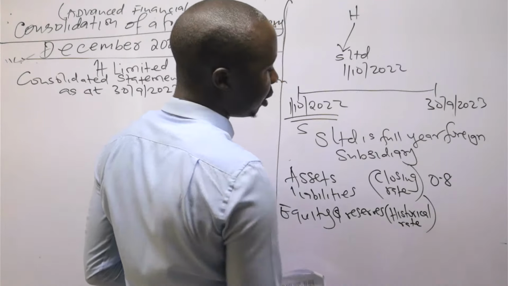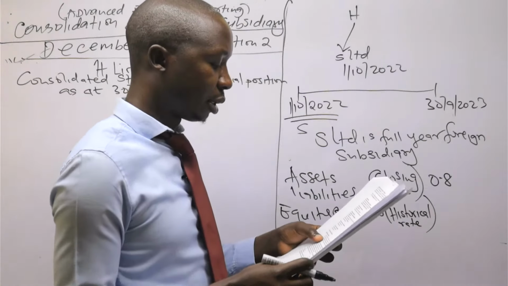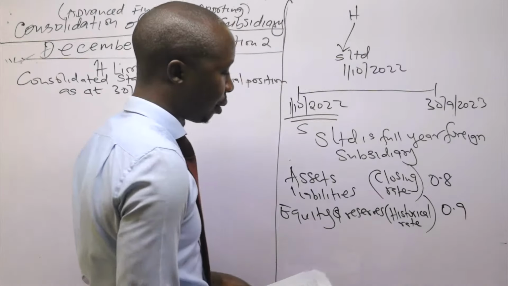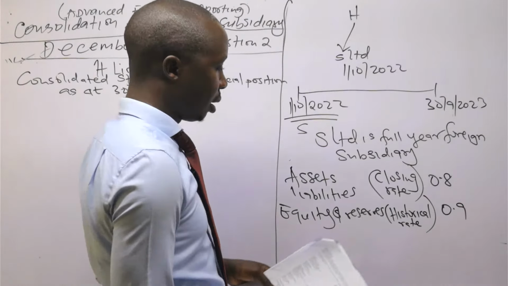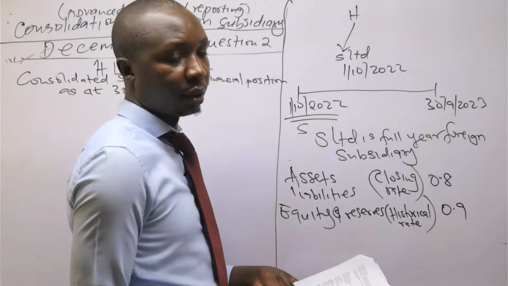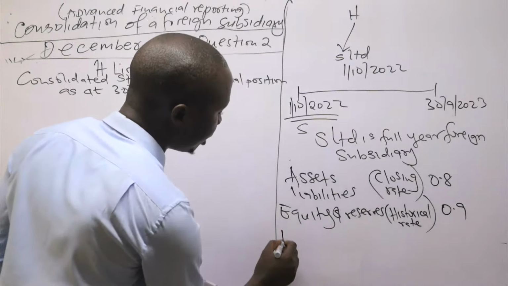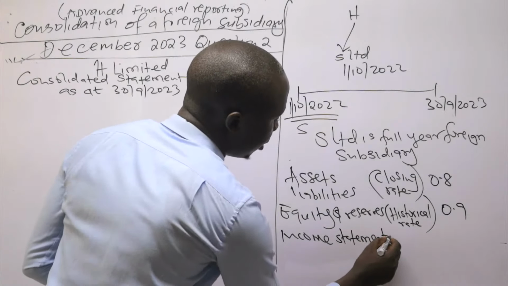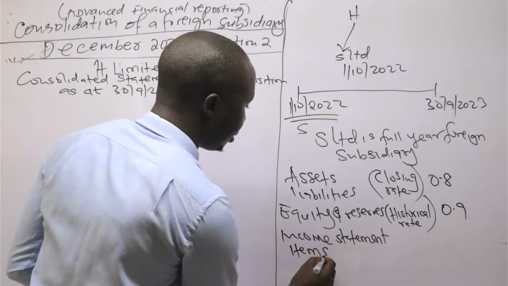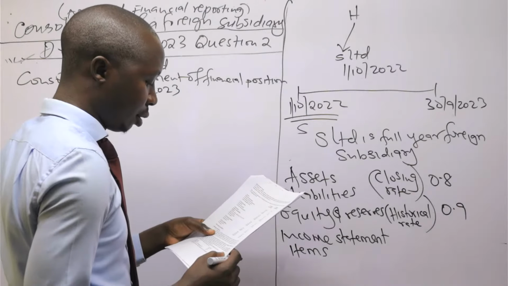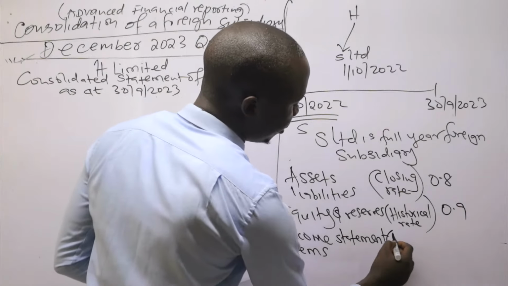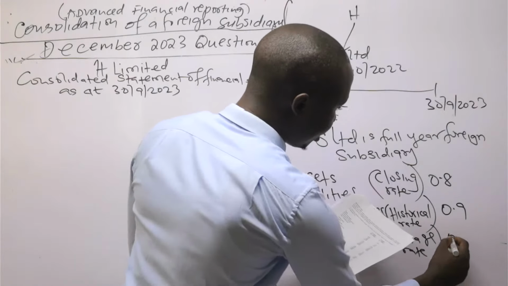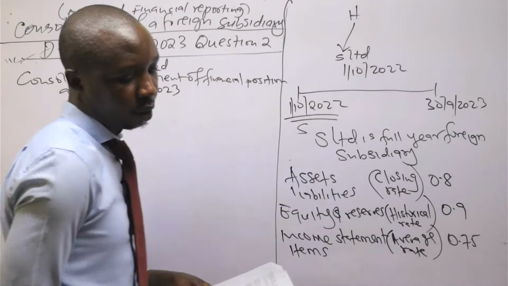The historical rate is the rate prevailing as at the date when the subsidiary was acquired, 1st October 2022, which is 0.9. For income or expenses during the year, that is income statement items, use the average rate. The average rate you are given here is 0.75.